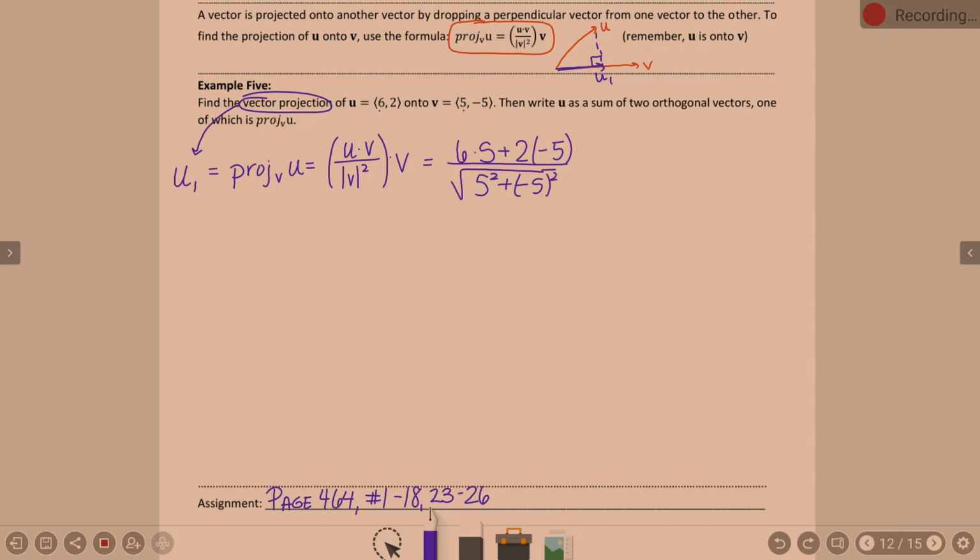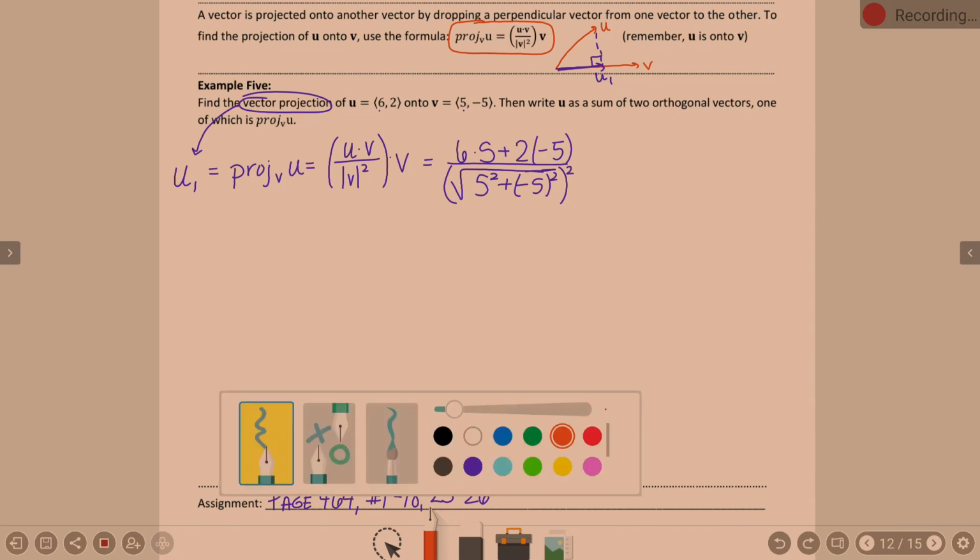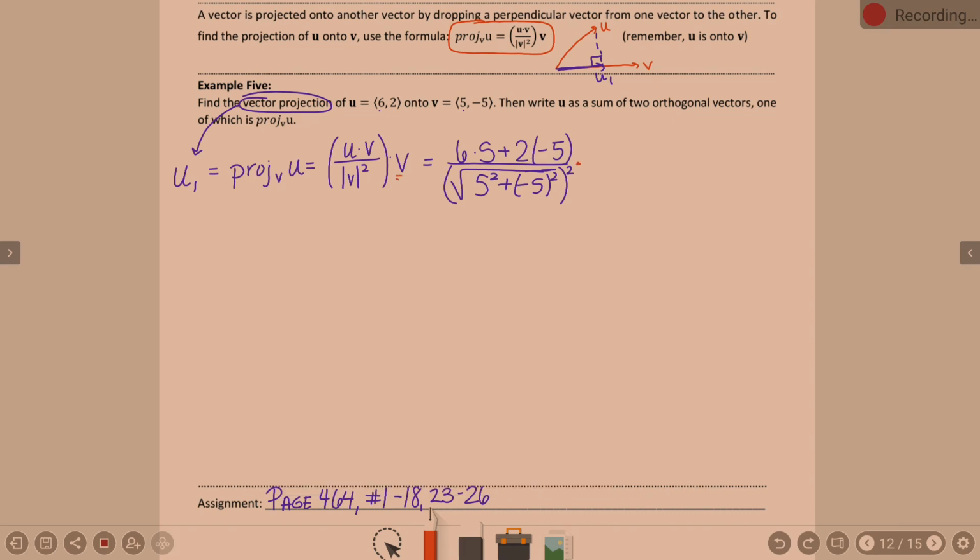But what do we also have to remember? It's squared. So you're squaring the square root. And for the moment, I'm just going to say it's also times v here. I don't want to put the extra numbers in quite yet. It's times vector v. I'll put that in here in a moment when there's not so much other stuff going on.